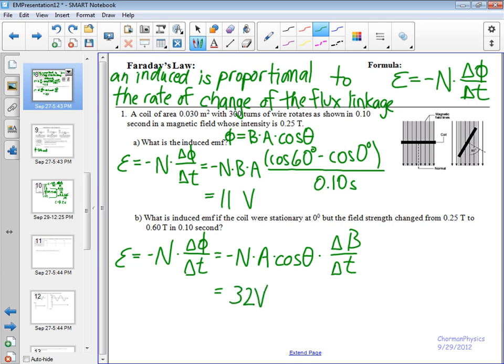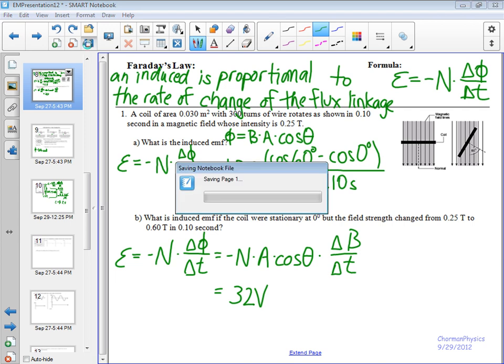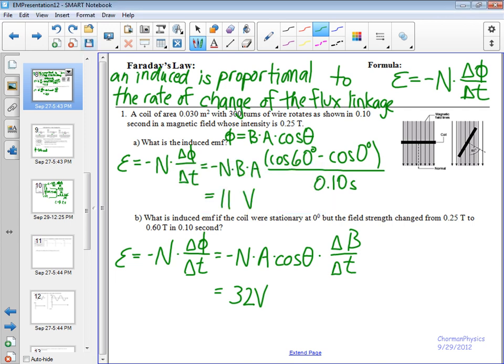That's just me rearranging it. And what we end up with when we substitute our values is 32 volts. Please substitute your own values, and check that work as well, to make sure I did it correctly. And actually, sorry, that should be negative 32 volts.